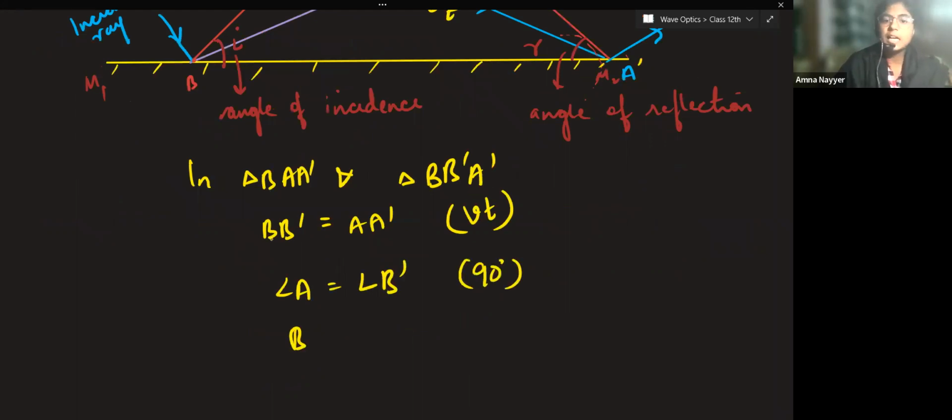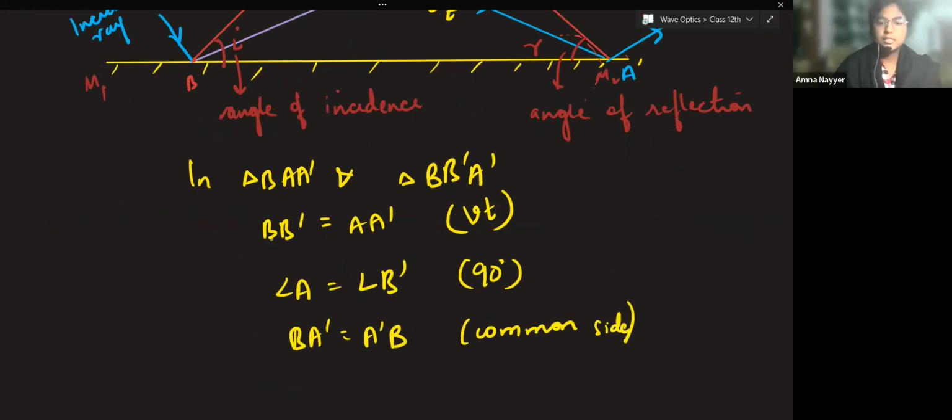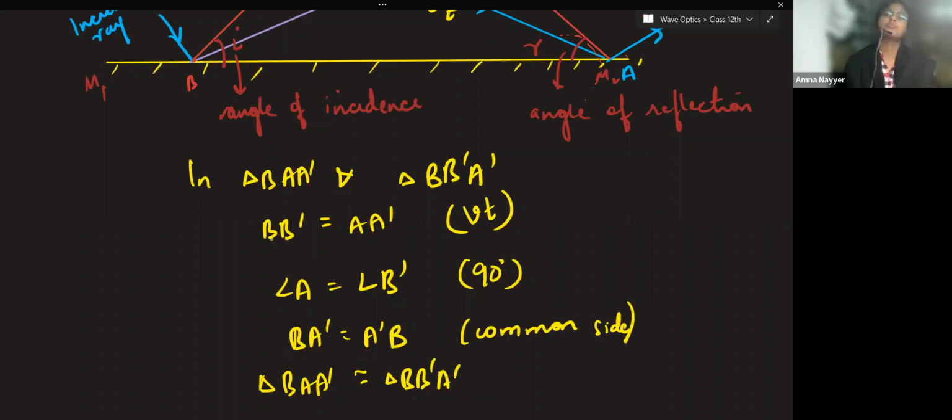And BA dash is equal to A dash B. That is, both are having the common side. Now see, it means triangle BAA dash is similar to triangle BB dash A dash. Both the triangles are similar to each other.